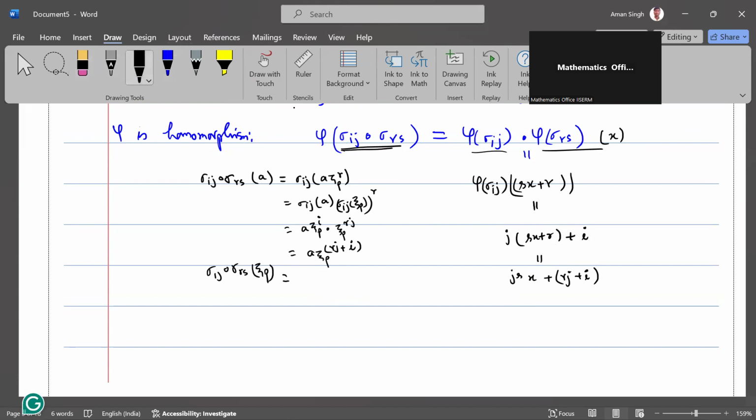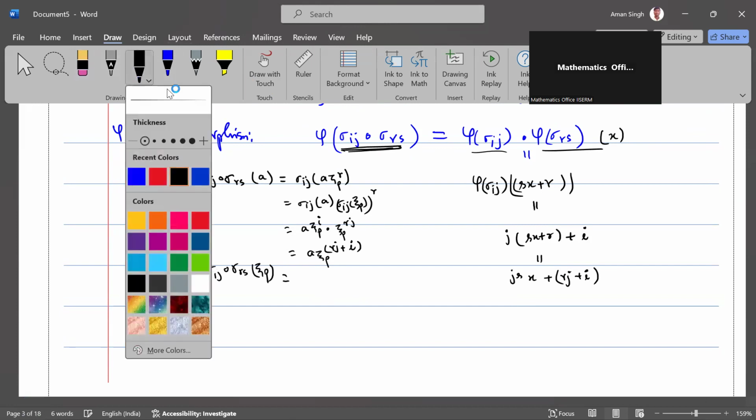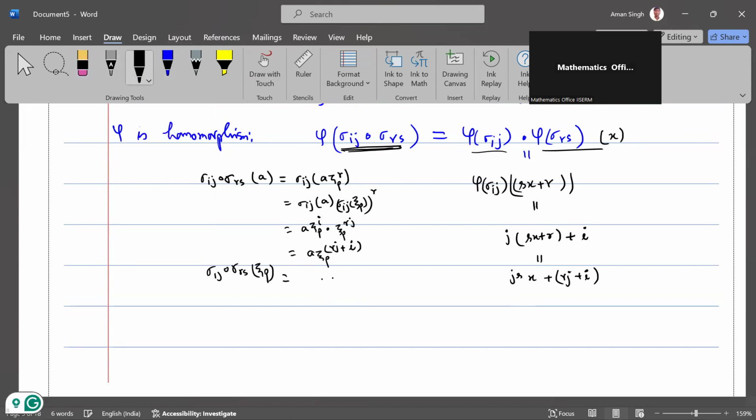This part will become sigma_ij of zeta_p to the power s. In the next step, it is nothing but zeta_p to the power sj.